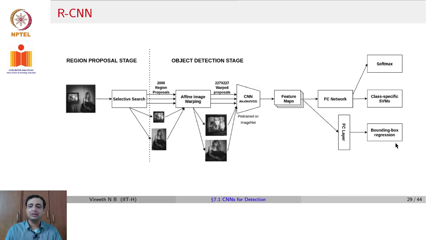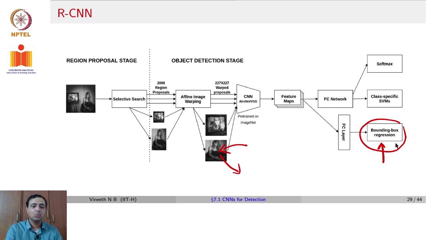I'll repeat that this bounding box regression step does not start from scratch, you already have a region given to you. Remember that this region is a part of the original image. So what the bounding box regression module does here is to give you the offset from this region in the original image to the correct bounding box.